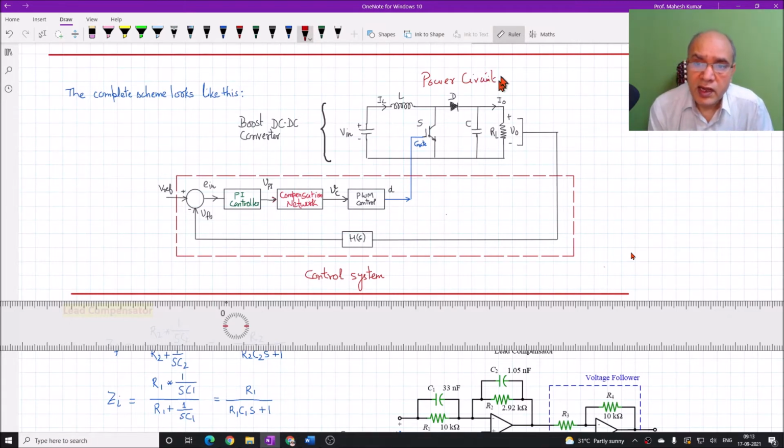Okay, and this power circuit has a switch which is controlled by the duty cycle of the PWM block, and in between there is an interface circuit which provides the isolation between the logic signal and the power signal. Okay, so this is additional block called isolation block or driver circuit, you can say.